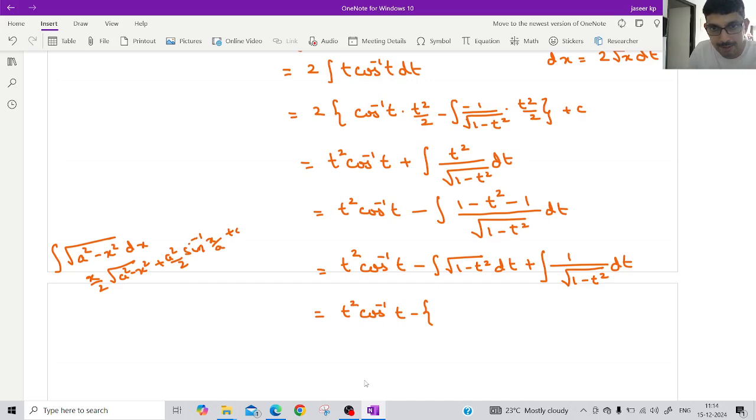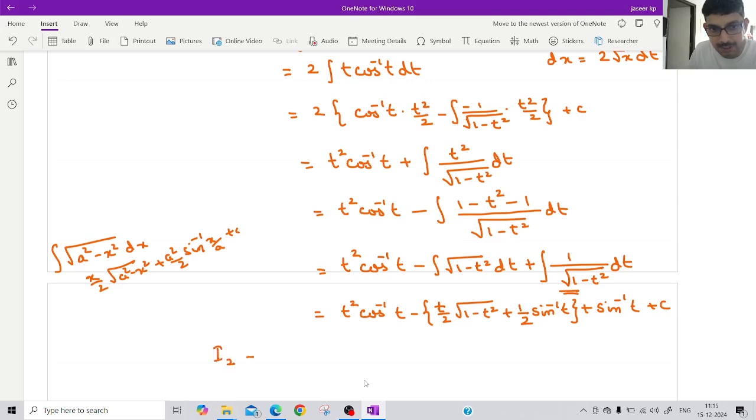So using that, it will become t by 2 root of 1 minus t square plus a square, a is 1, by 2 sine inverse t. Then this integral will be sine inverse of t plus c. So this much is the integral of cos inverse of root x, that is I2.